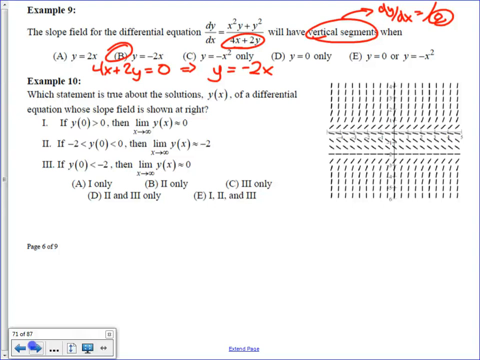If y of 0 is greater than 0, if y of 0 is between -2 and 0, if y of 0 is less than, what am I looking at for every single one? What are they talking about? y of 0, right here, right?